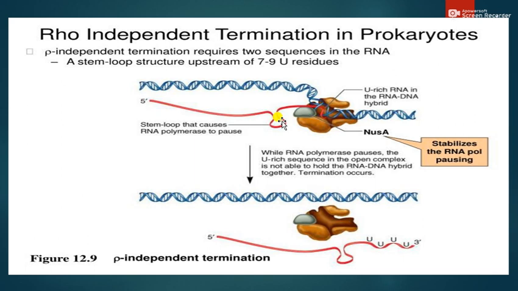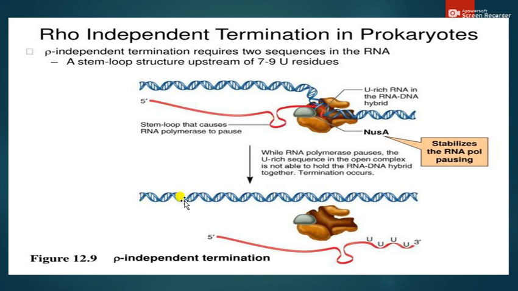And when it reaches the uracil-rich residues, the RNA polymerase is forced to leave the template and the termination will occur.